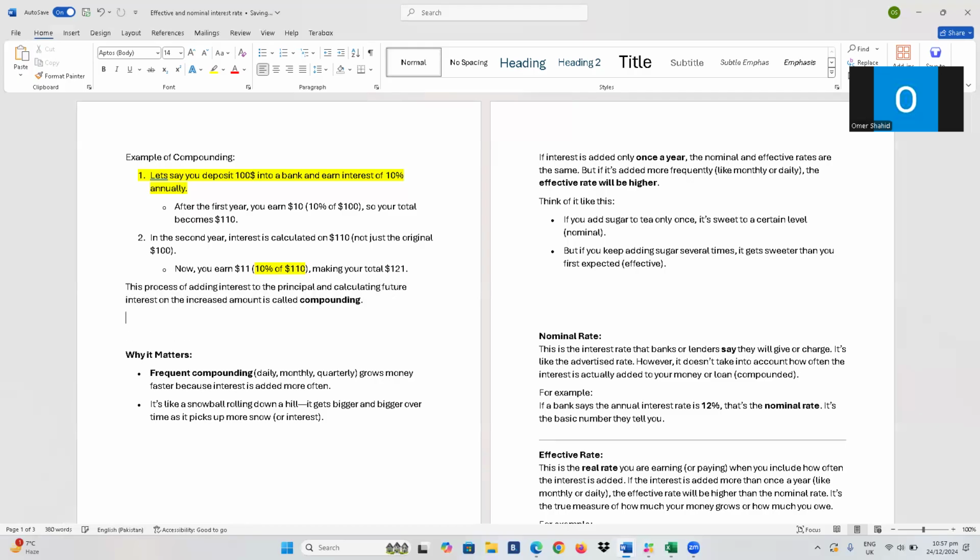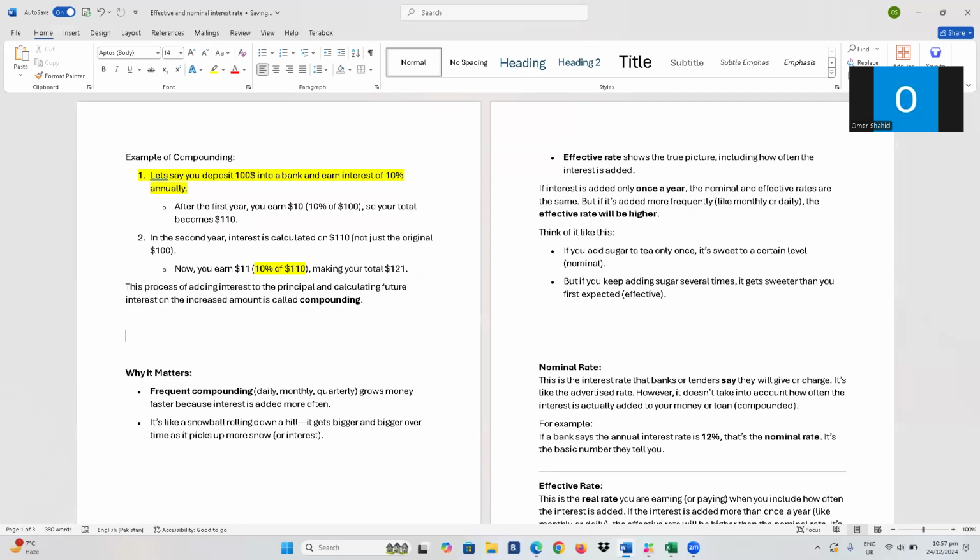Now let's say, for example, you need to calculate for the third year. How will you calculate for the third year? You will simply take your amount. What is the total amount after 2 years?